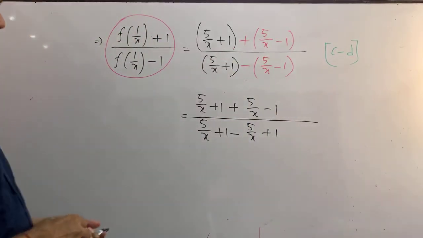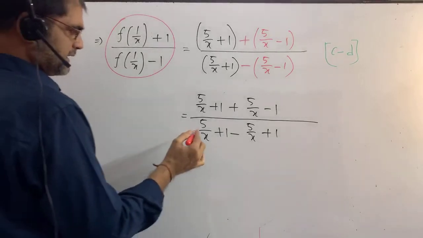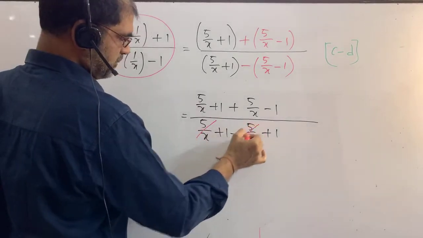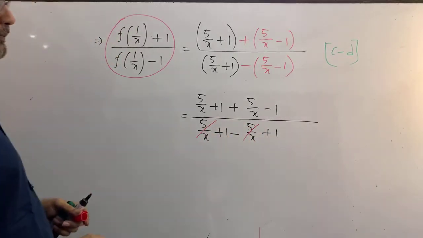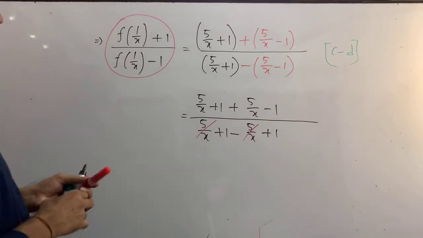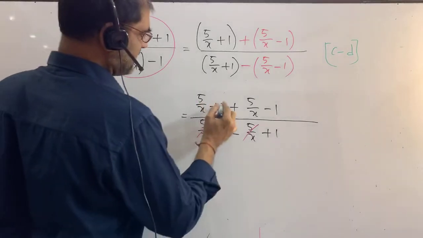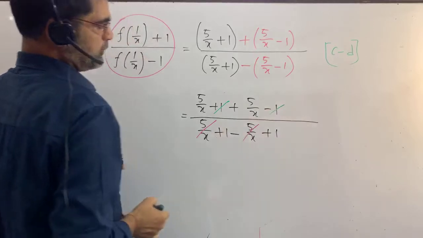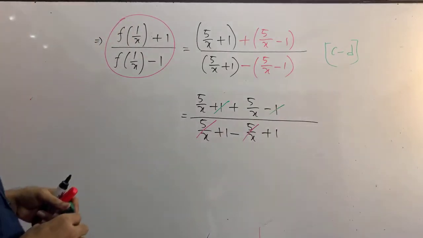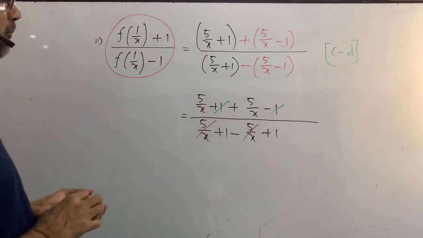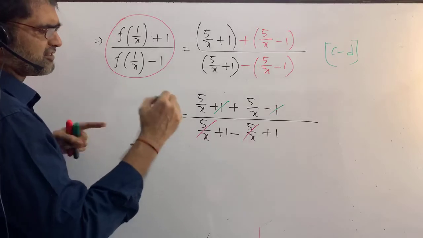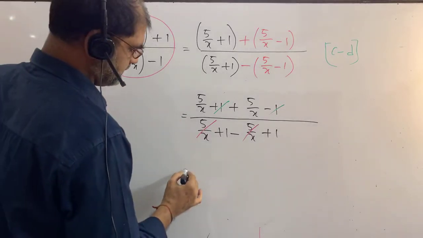Now you see, we are getting 5 by x minus 5 by x cancelled from the denominator, and 1 and minus 1 will be cancelled from the numerator. Now 5 by x, how many 5 by x are there in the numerator? Can you tell me please?